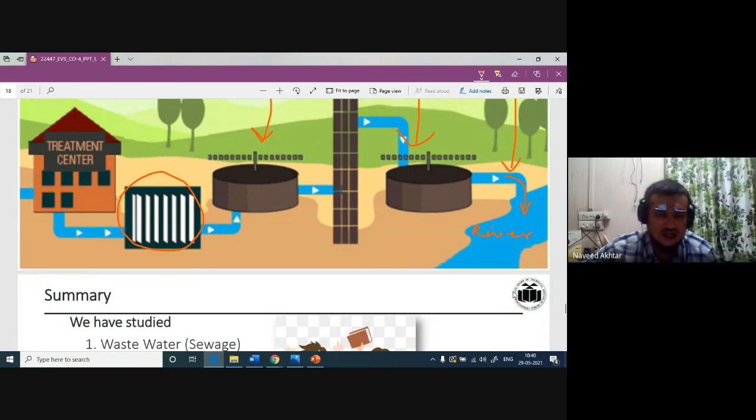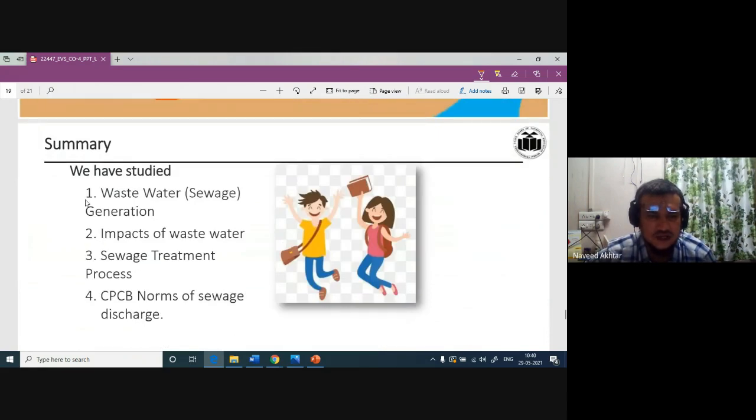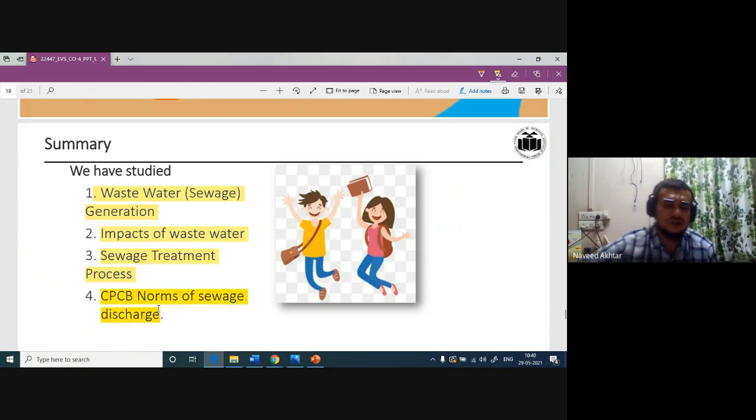Okay, and today we have studied wastewater and sewage generation. We have studied the impact of wastewater, also the sewage treatment process, and some permissible limits of the parameters of the Central Pollution Control Board before discharge of effluent to the water bodies.